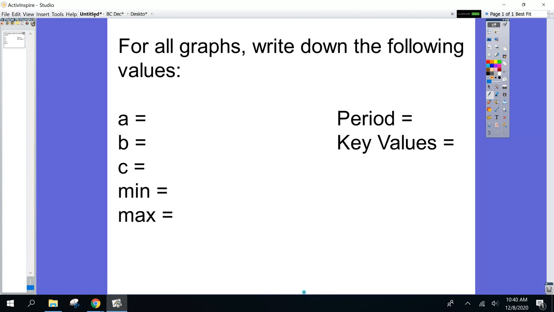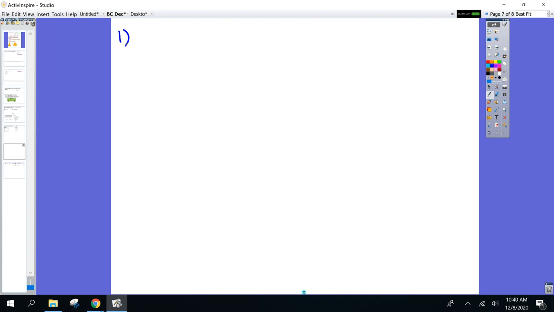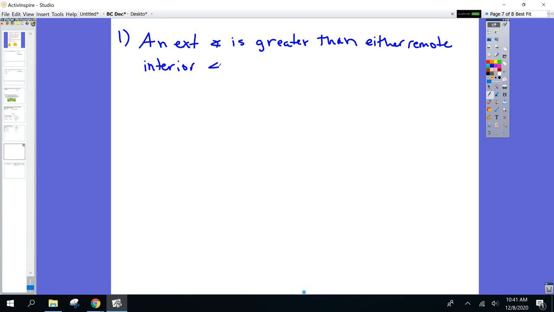So the first one, which is the one just stated, is that an exterior angle is greater than either remote interior angle. That's the first inequality theorem we discussed.